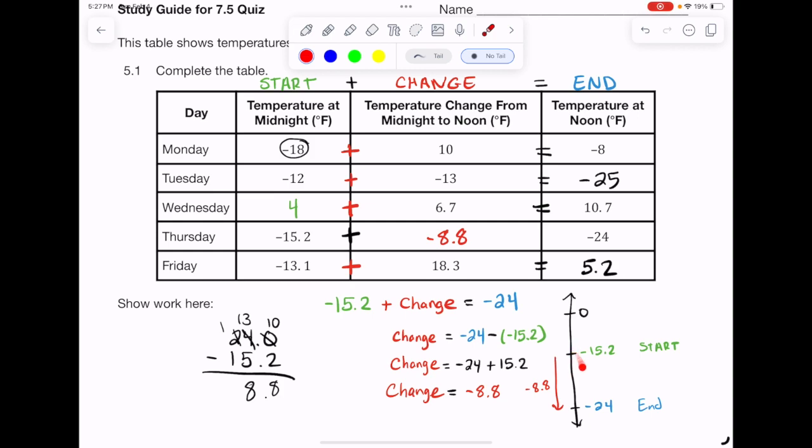With the decimal, it's a little bit harder, but I would do it in my head as, okay, we're going down 0.8 to get to negative 16. So that's down 0.8. And then to get from negative 16 to negative 24, we have to go down 8. So in total, we're going down 8.8. So any way you can come up with the answer is fine.